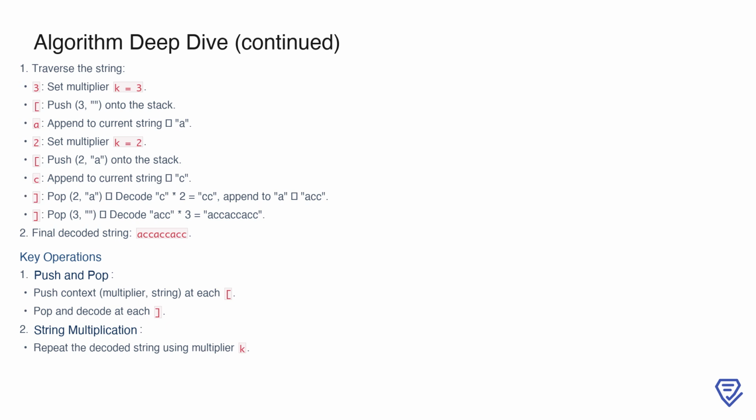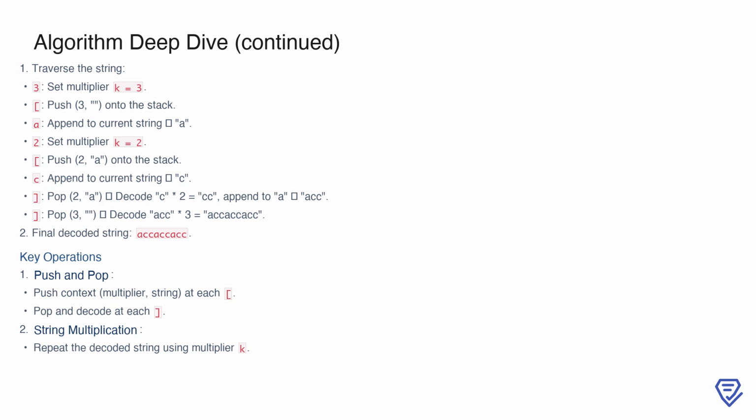When we see the opening bracket, we push the tuple (3, "") onto the stack, representing the current context. Moving on, we encounter the letter A and append it to the current string, resulting in A. Next, we find the digit 2, so we update k to 2. Another opening bracket, and we push (2, "A") onto the stack, indicating that we're entering another nested segment.